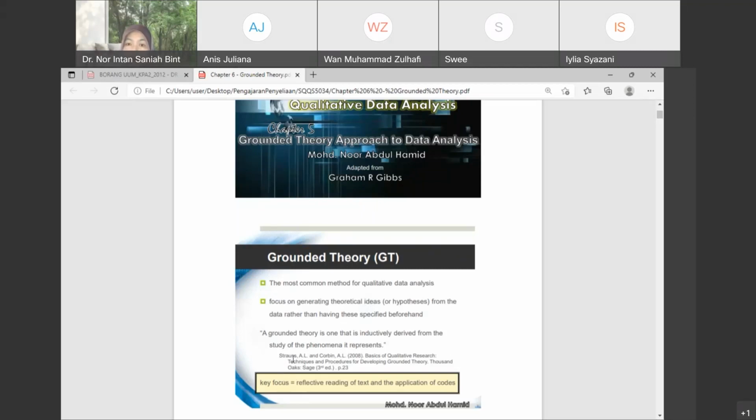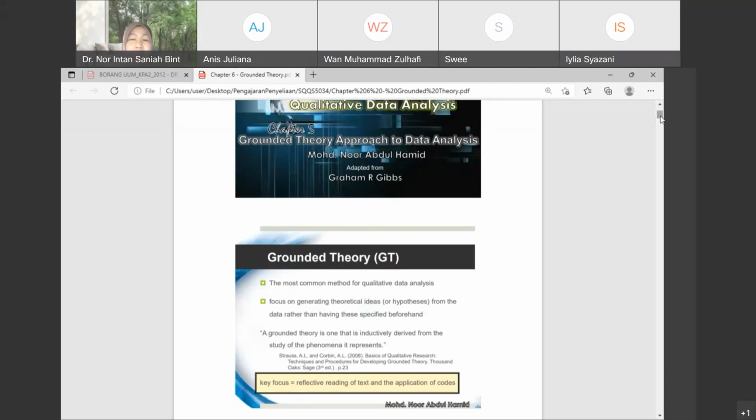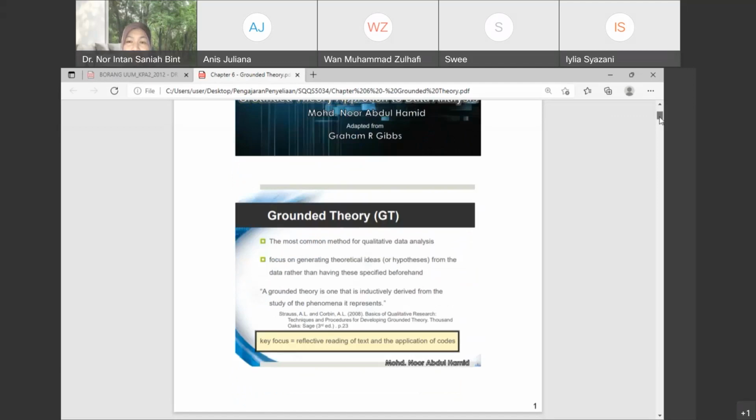So actually in this chapter, Graham also shares how this grounded theory developed, from the 1960s until now. Perhaps for those in qualitative, like myself, who have attended a course or class on theory, at first I felt lost.